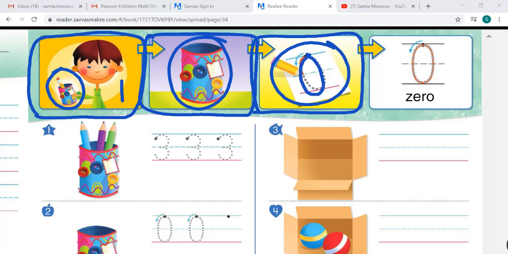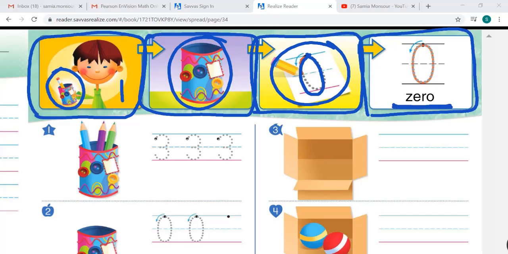So trace that number. All right, we're in our last box here. What number do you see? 0. Correct. So why do you think this number is in this box? Remember, there were no pencils in the pencil holder, and 0 means none. This is the number word 0. Z-E-R-O.